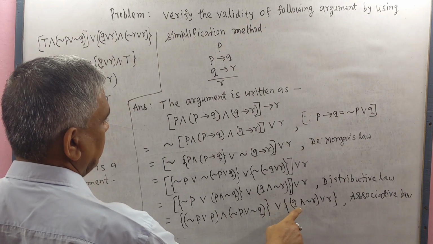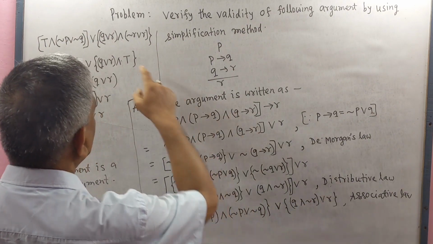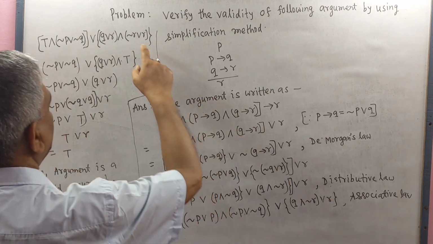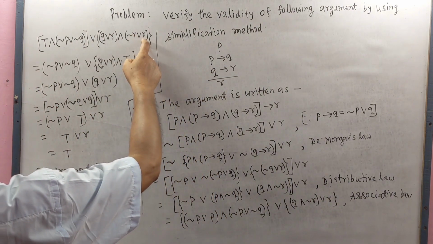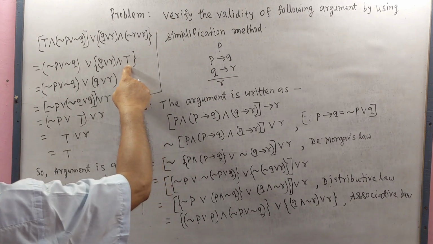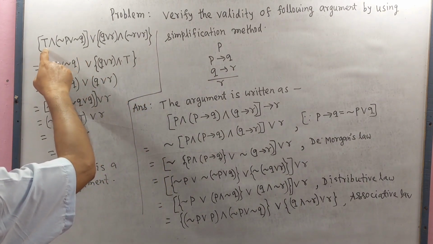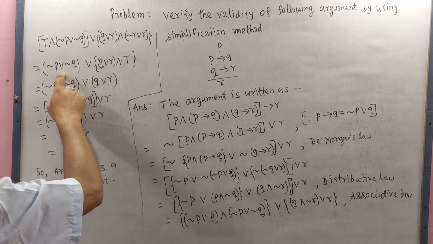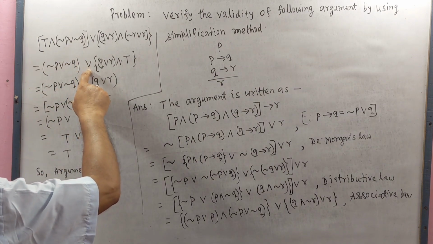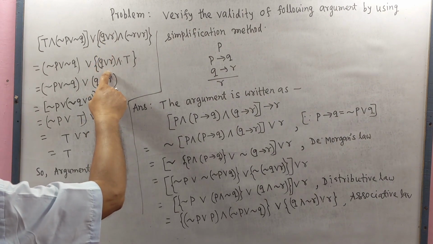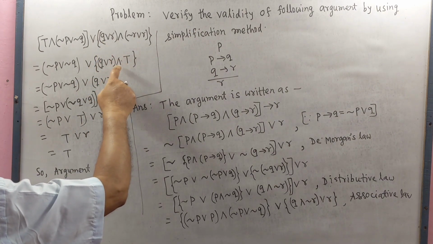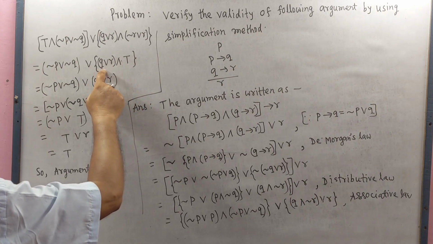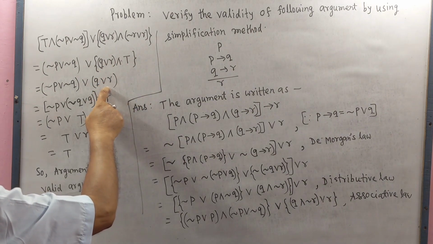Use distributive: Q, disjunction R, conjunction negation R, disjunction R. Negation R, disjunction R is T. Here T conjunction this means this. Disjunction Q, disjunction R, this is T. In conjunction this will be Q, disjunction R.